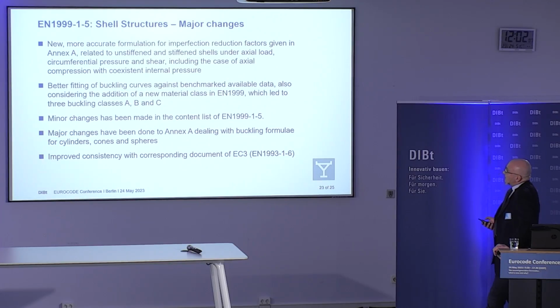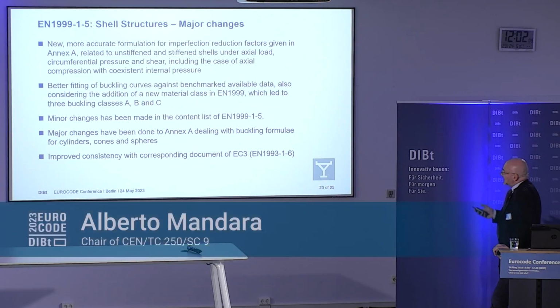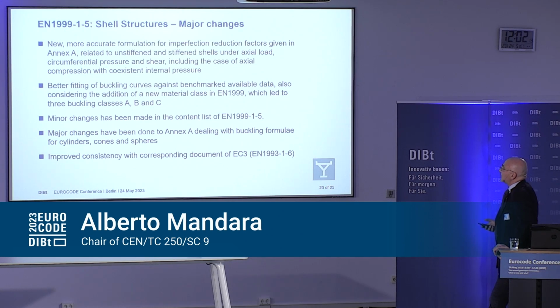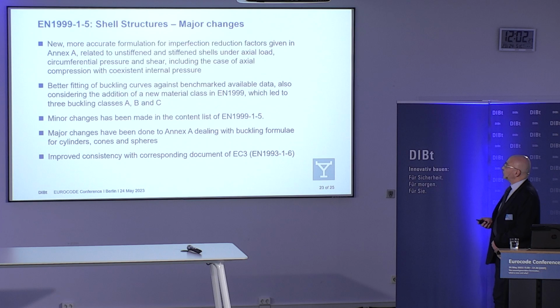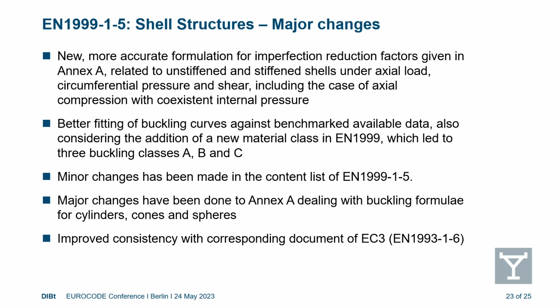Major changes in this part refer to a more accurate formulation for the imperfection reduction factors given in Annex A. This was a problem that arose as a consequence of some feedback from users, according to which it was convenient to revise the formulation of the imperfection coefficients to be introduced in the buckling formulas.